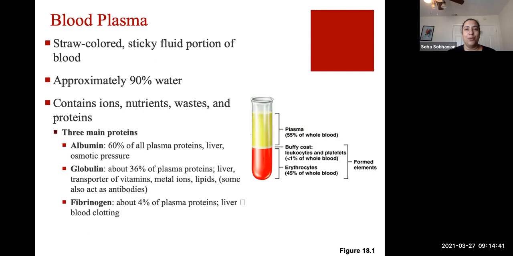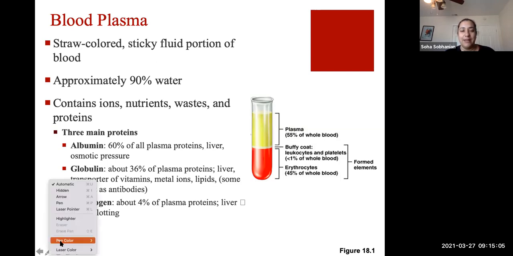First, and the most important thing that I always ask in an exam and students miss: where are these proteins made? They're not made by plasma because most of the plasma is water. So where are your albumin, globulin, and fibrinogen made? They're all made by your liver.